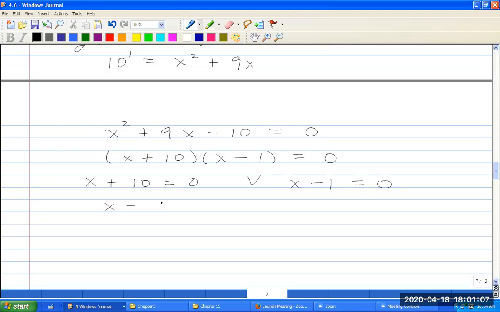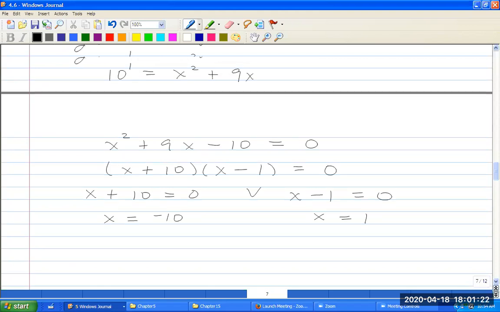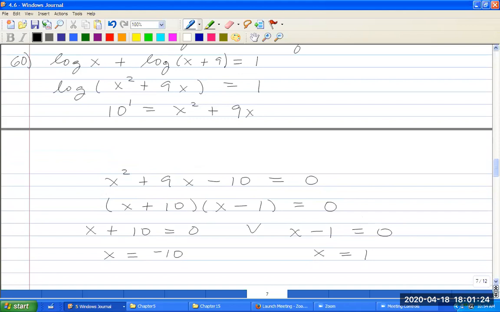Subtract 10 from both sides of your equation. Add 1 to both sides of your equation. Now we have to check if these both make sense, because they could be extraneous solutions. The reason that they could be extraneous is because we could be taking the log of a negative quantity.